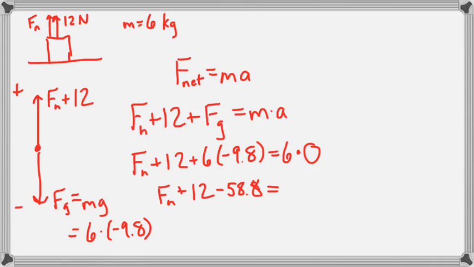It equals 6 times 0, that's 0. All right, so F sub n minus 46.8, not 4.68, 46.8, equals 0. All right, should be pretty straightforward how to solve this. Add 46.8 to both sides.